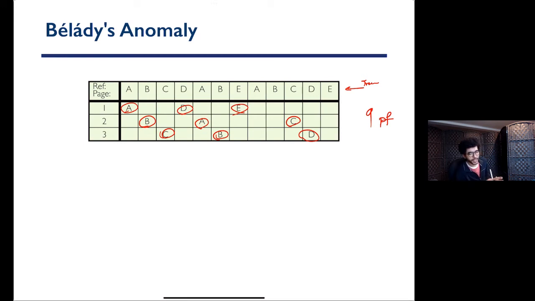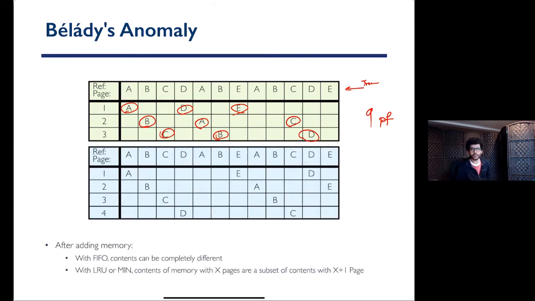You can run it and convince yourself that this is what FIFO does. Now, let me increase the size of memory to 4 pages. So now my memory has 4 pages. Previously, it had 3 pages.